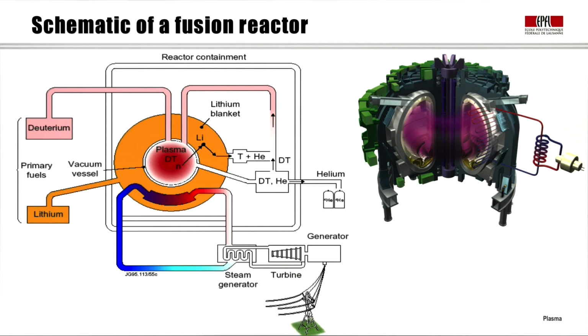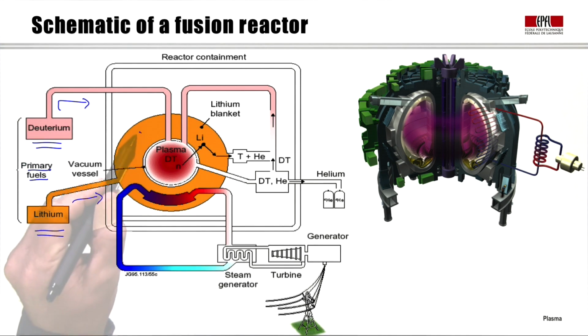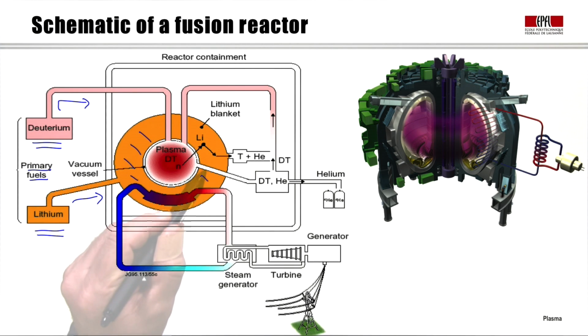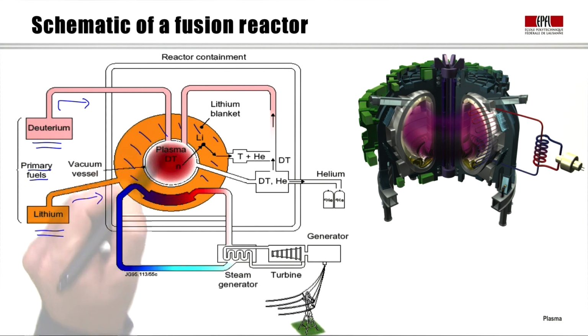We're now ready to look at the schematic of a fusion reactor, at least as we imagine it today. So from the outside, what I call the primary fuels, we will have lithium that will come and deuterium that will be injected in the plant. Lithium will go and will stay in the blanket around our plasma.